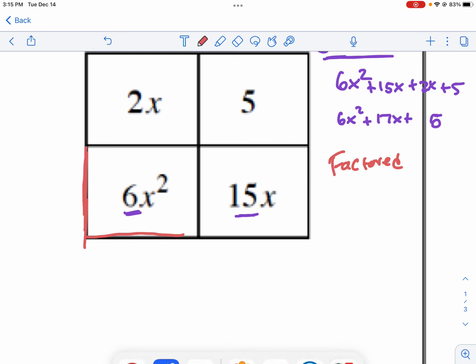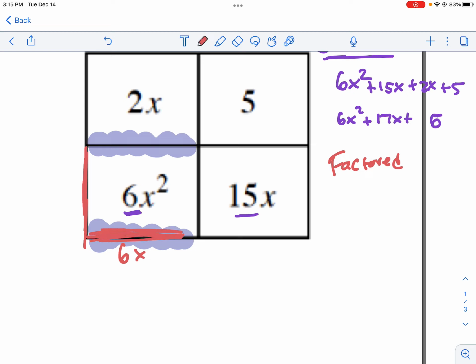Something we talked about before. This could be like 6x and 1x. This could be like 3x and 2x, but you have to pay attention here because this length is also the same as this length, right? So this like first bar down here is going to apply to both of these boxes.